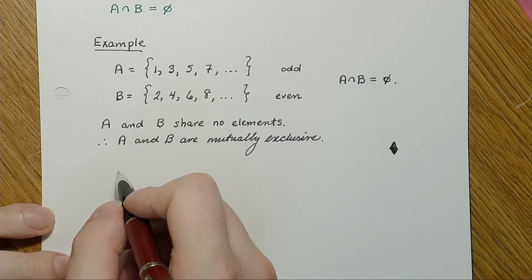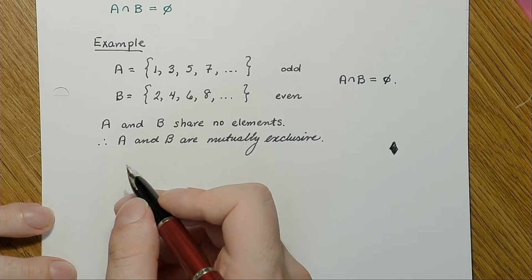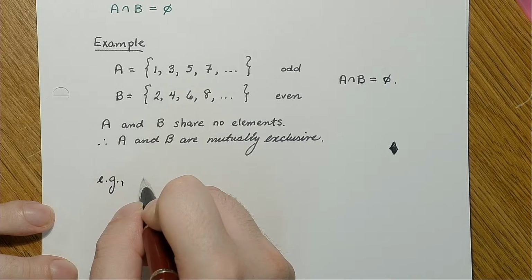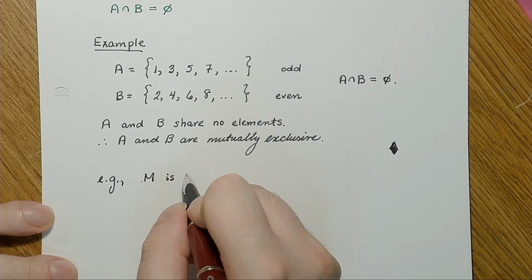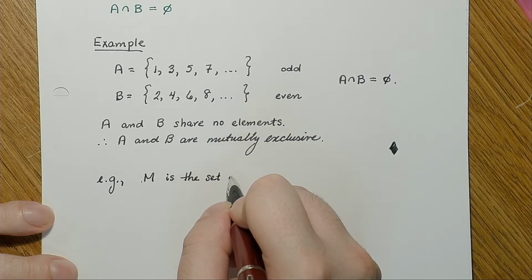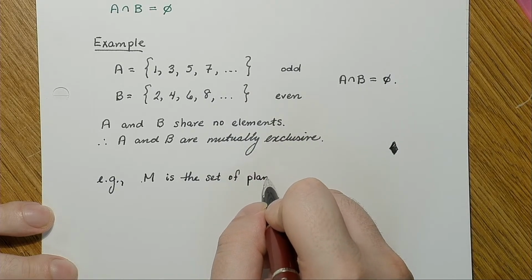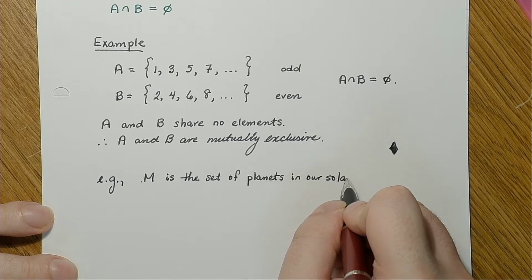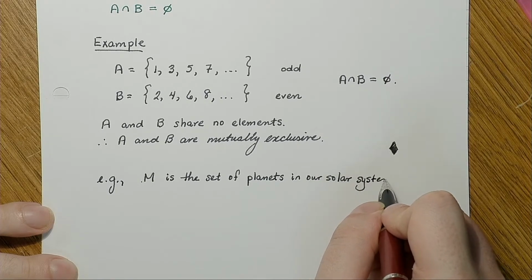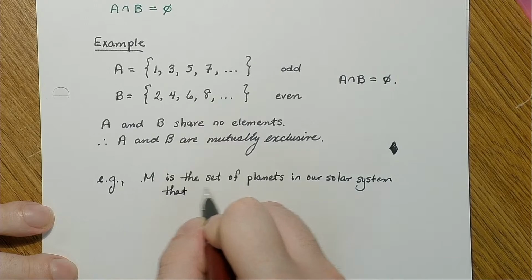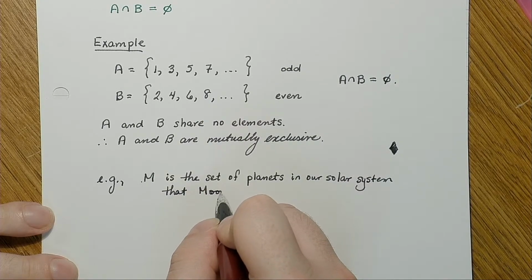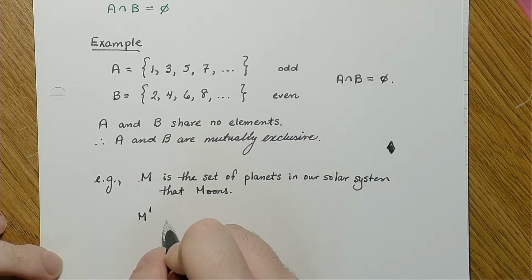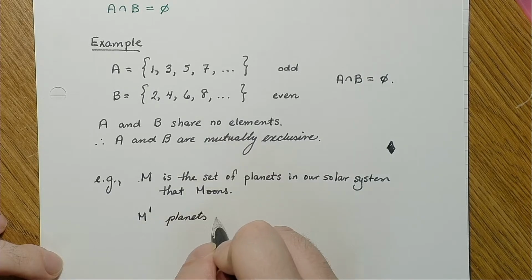What else can we think of? Let's say that M is the set of planets in our solar system that have moons, and this other set is planets without moons.